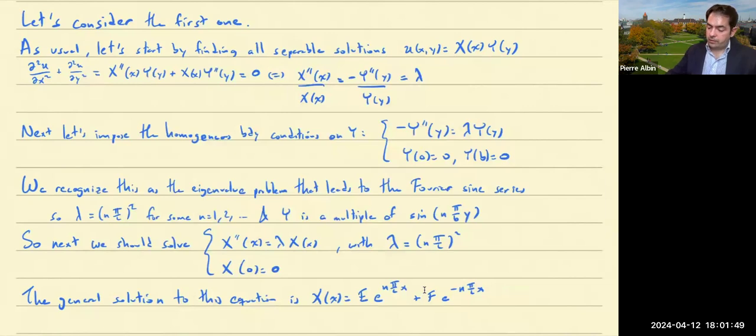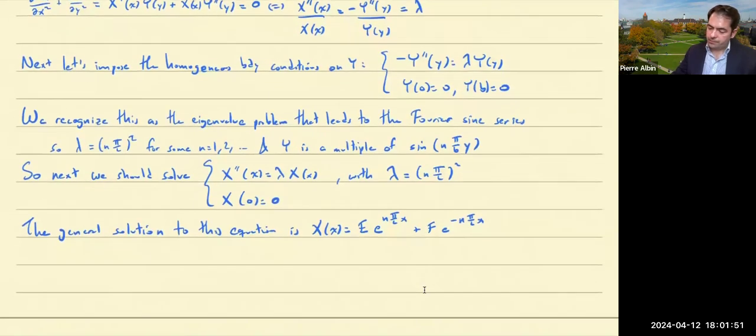And the boundary condition, X of 0, is equal to capital E plus capital F, and we need that to be 0.